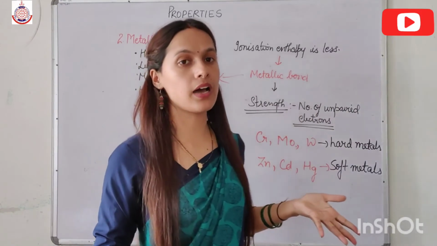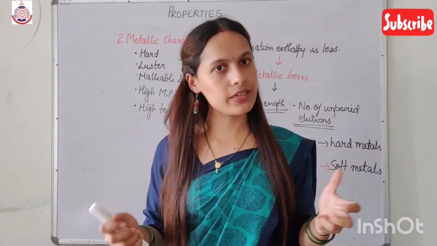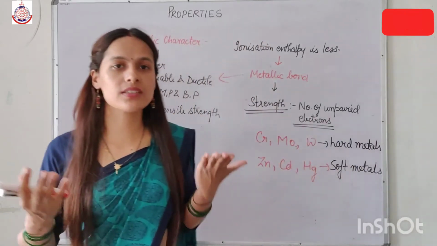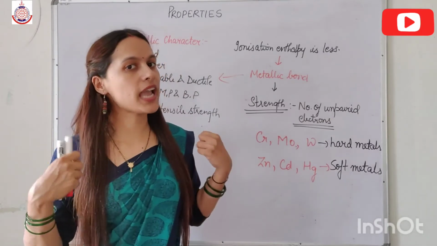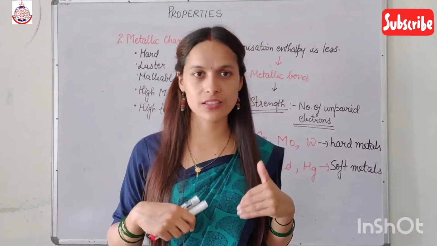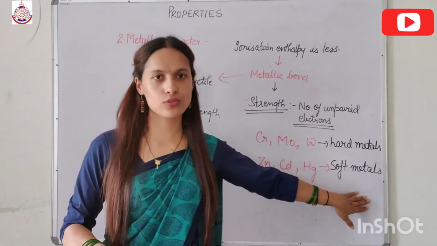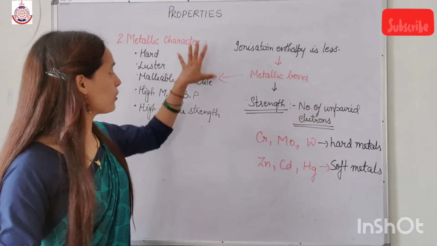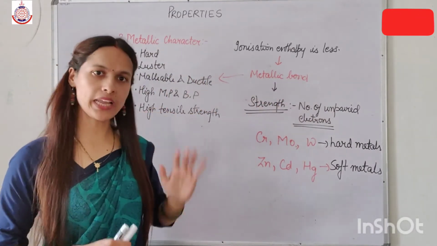More unpaired electrons means greater metallic strength, more metallic character, and that's why we get very hard metals. But if we have fewer or no unpaired electrons, then the metallic strength is also less, and then we get soft metals. So this is about the metallic characters of the d block elements.